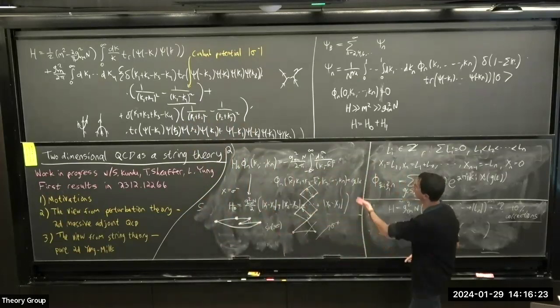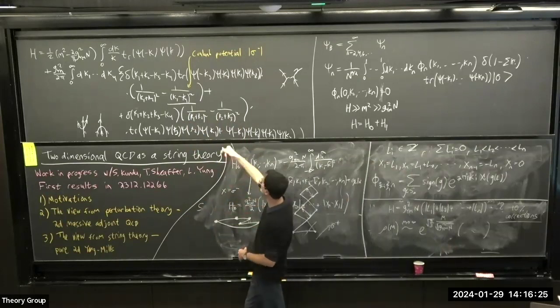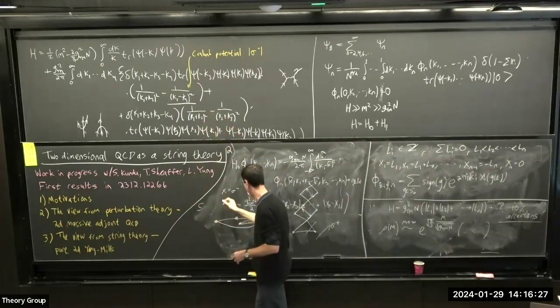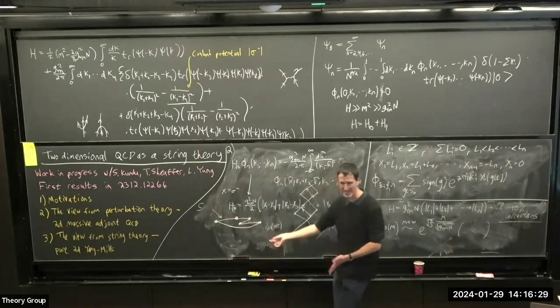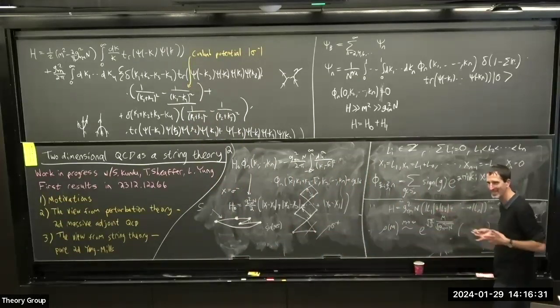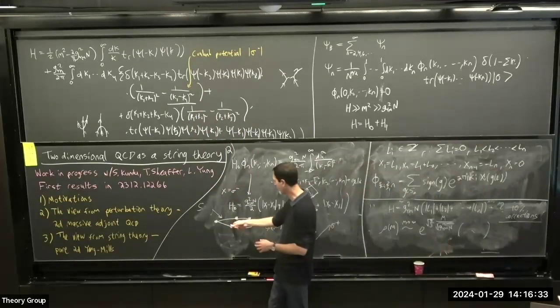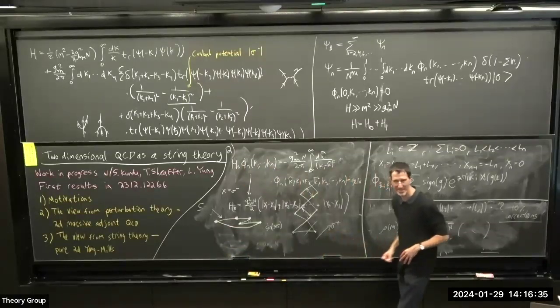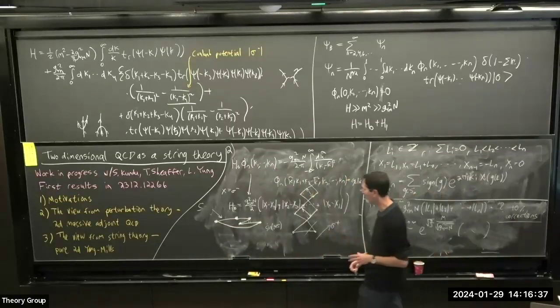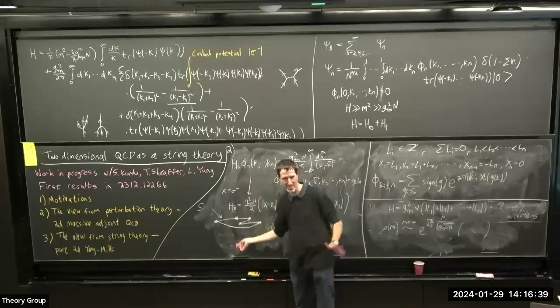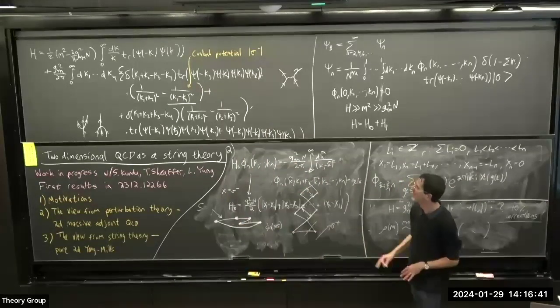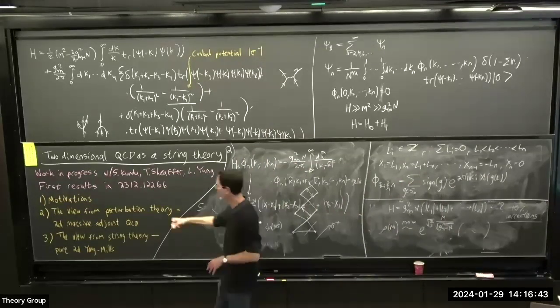So in principle, it should be possible to take this Hamiltonian and translate it into some light-cone Hamiltonian of this string, and in that way systematically build what should be the string theory of 2D massive adjoint QCD. So far we have not been able to do that, but I'm still optimistic that it should be doable. So that's the end of this second part of this talk.